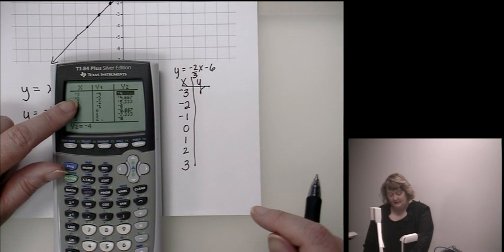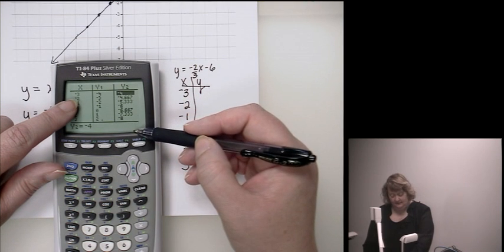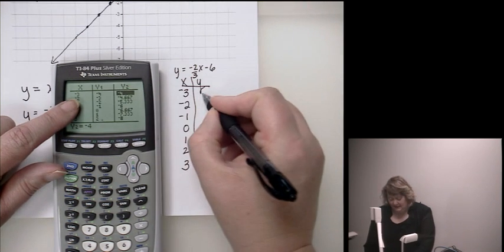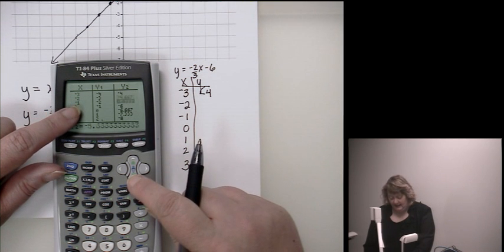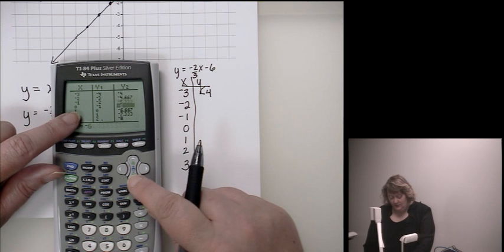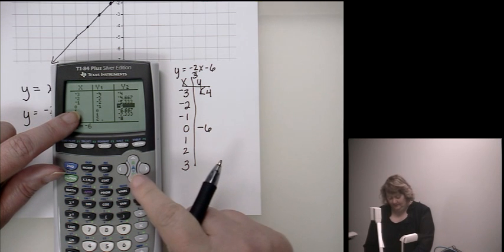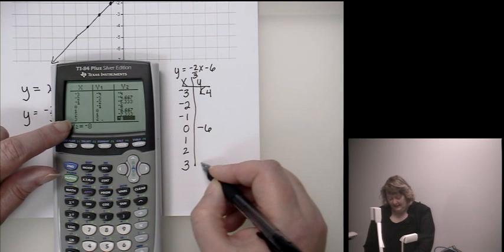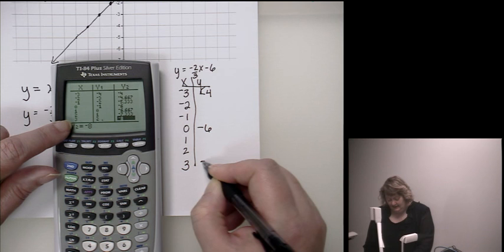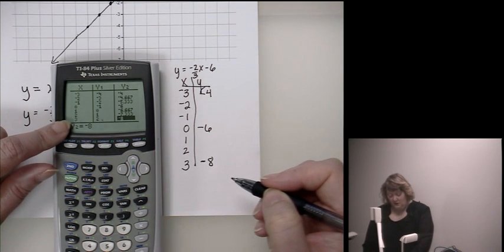Now the reason why I'm going so far is because notice on this one, there's lots of fractions. -3 gives me -4. -2, -1 gives me fractions, but 0 gives me -6. +1 and +2 gives me fractions, but 3 gives me -8. Wow, those are all negative values.